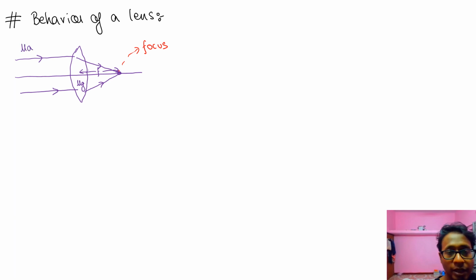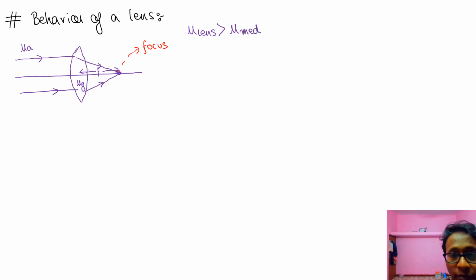Okay, so this type of shape only behaves as a converging lens when mu of glass, or the refractive index of the lens material, is greater than the refractive index of the medium in which the light travels.